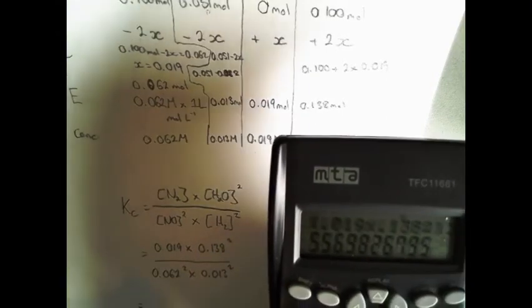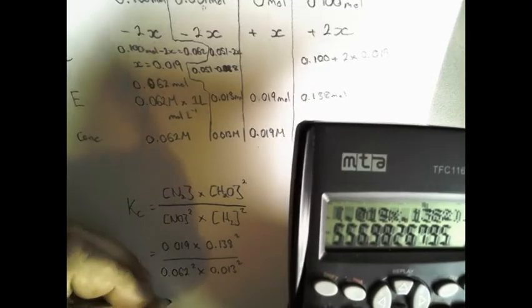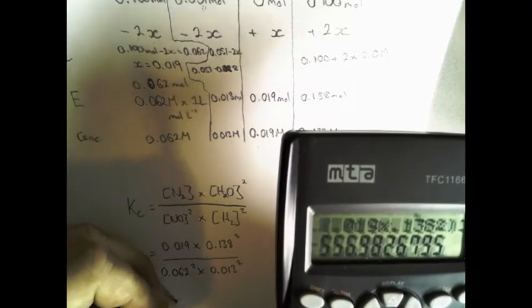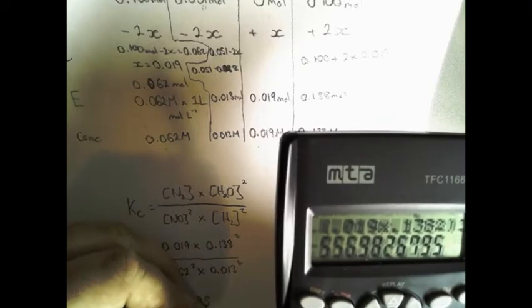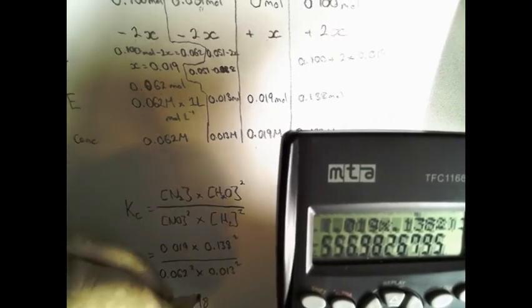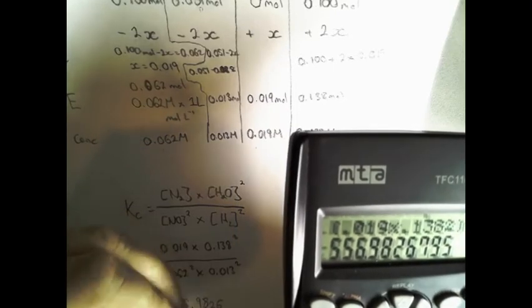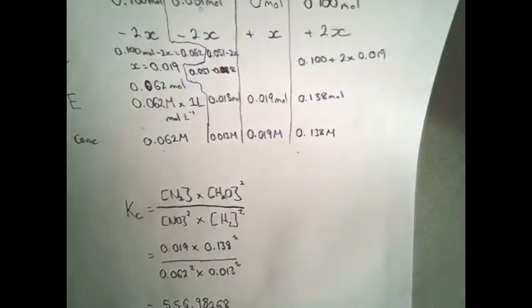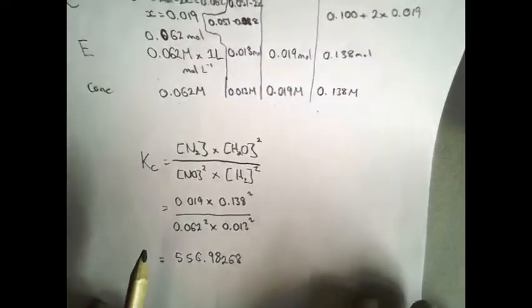And we can see here, we end up with 556.98. We might as well write a 2, 6, right? 8, yeah. So we need to figure out a few things from here.